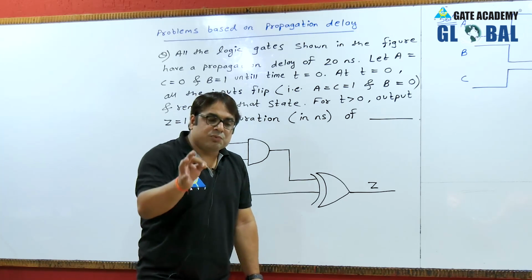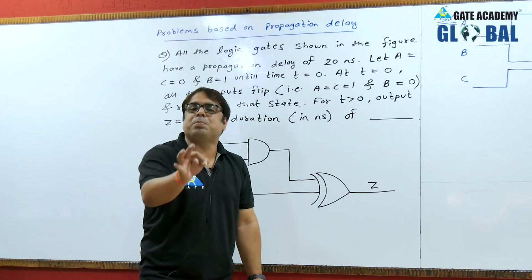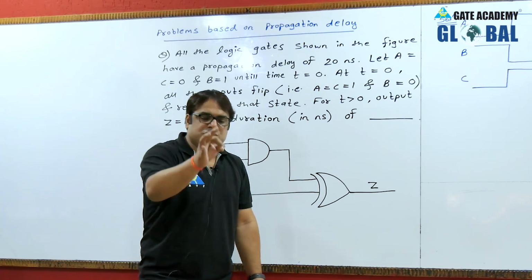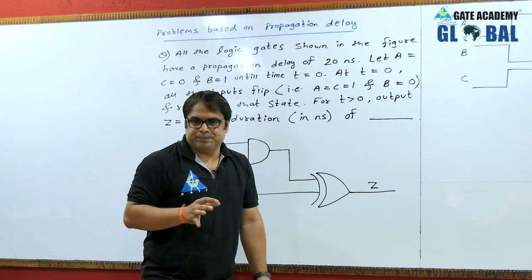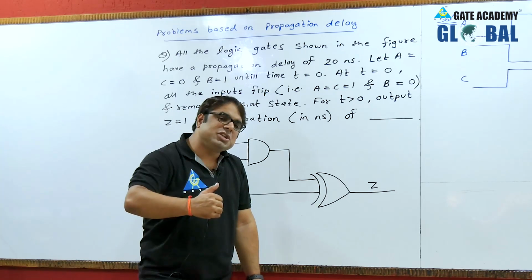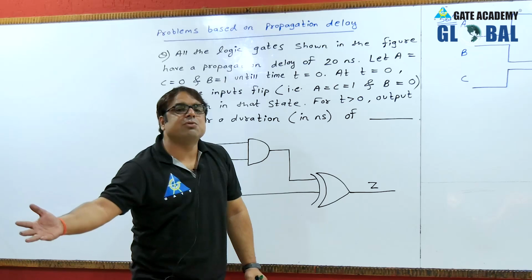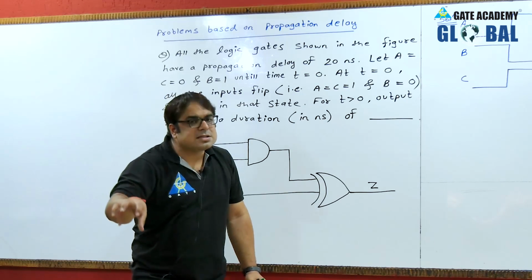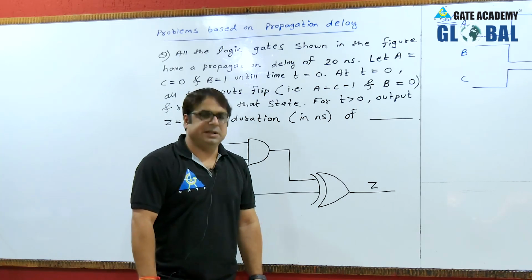So worst case propagation delay is the maximum possible delay of a circuit which we get for any particular input condition. Out of all the input conditions, the one which gives the maximum possible value of the propagation delay, that propagation delay is called the worst case propagation delay.